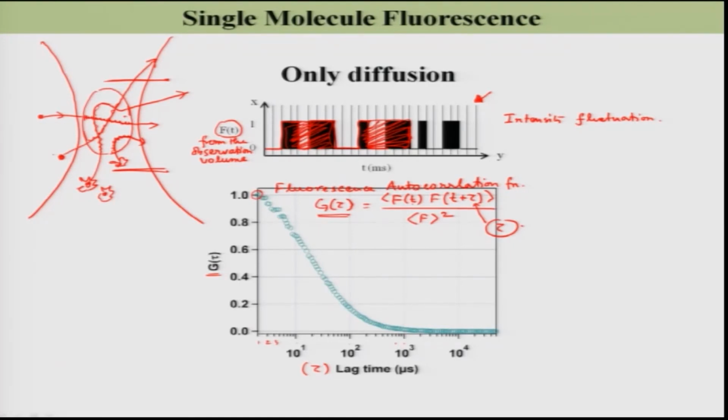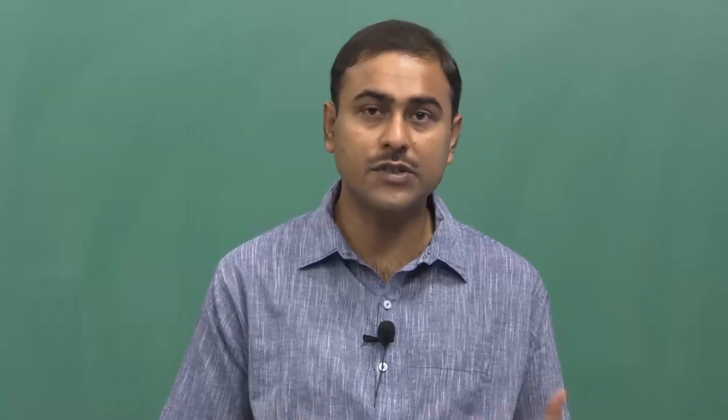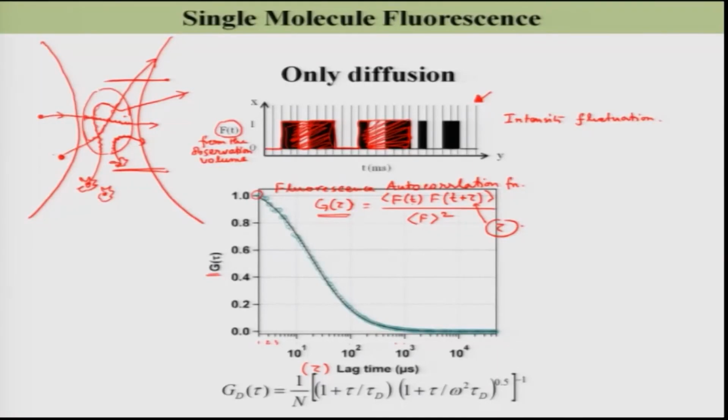Now, whatever I said, if I express this in mathematics, it should be related to the diffusion time. If I show you that particular equation, you see this g tau is related to this tau d, that is, how fast this molecule is passing through this observation volume, and it is guided by this particular equation, where n is the number of molecules present in this observation volume.